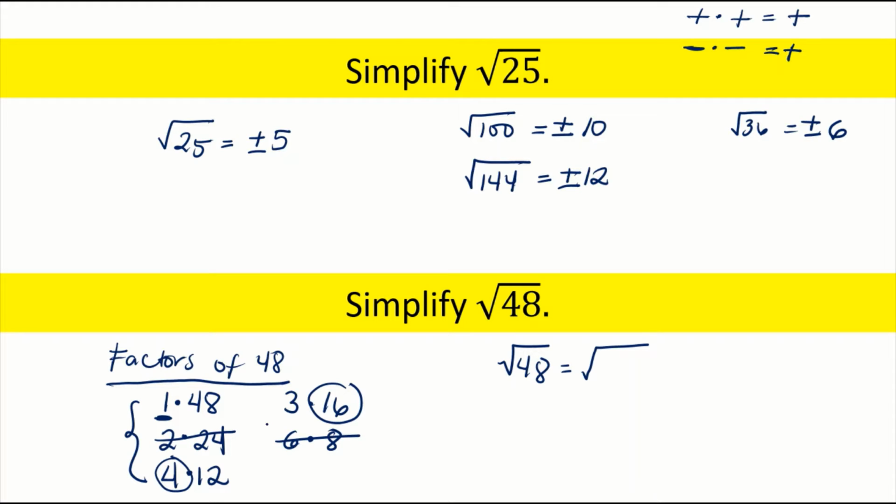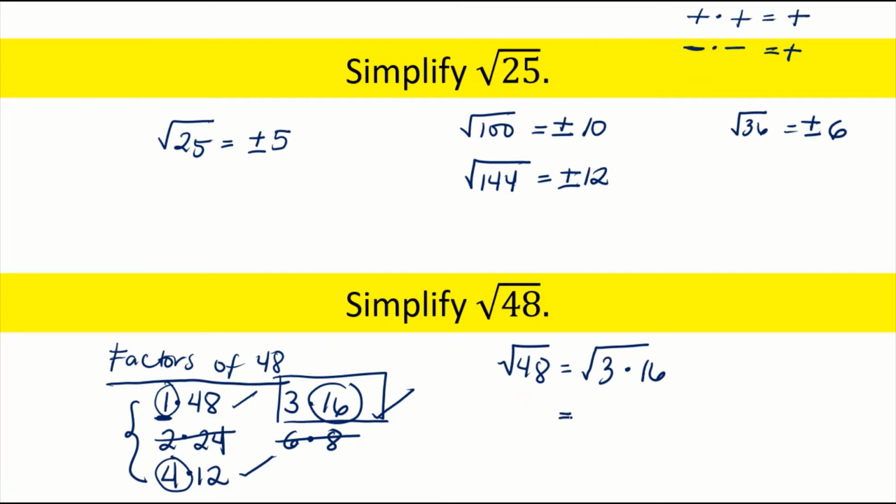We choose among these three, and we look for the highest perfect square number among the factors of 48, which is 16. Therefore, the factors we will use for 48 are 3 times 16.